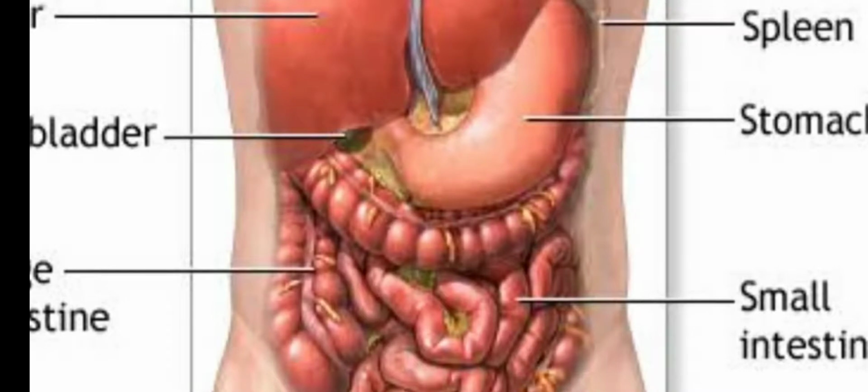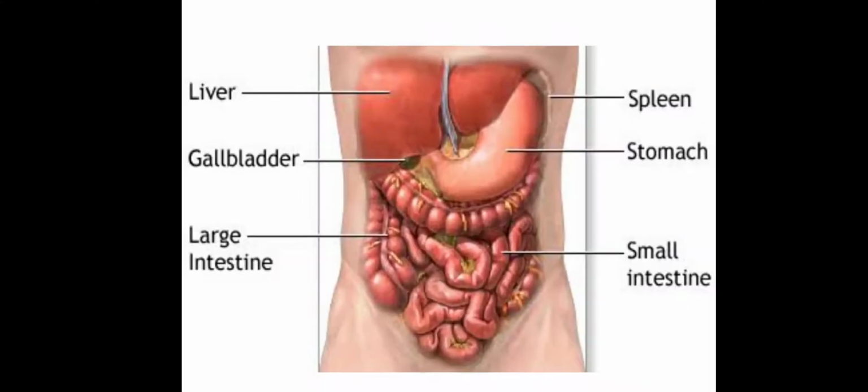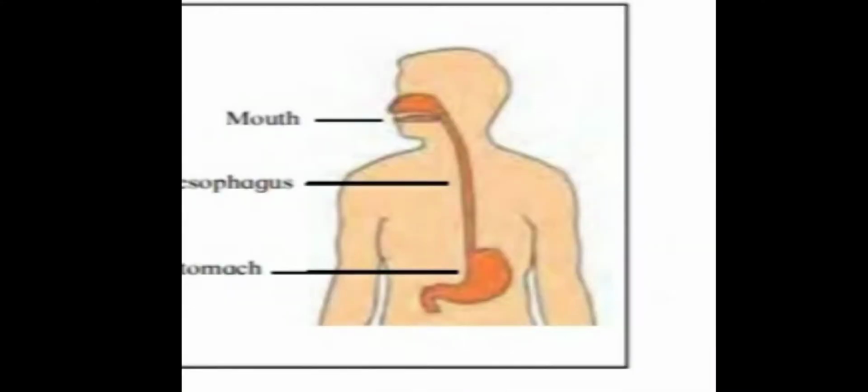The organs which help digest our food are in the abdomen. Only the esophagus is in the thoracic cavity.